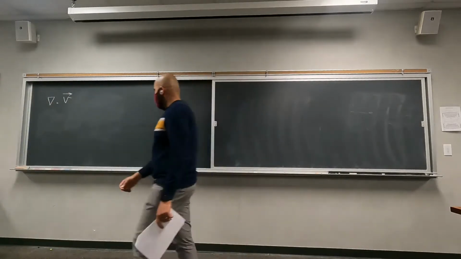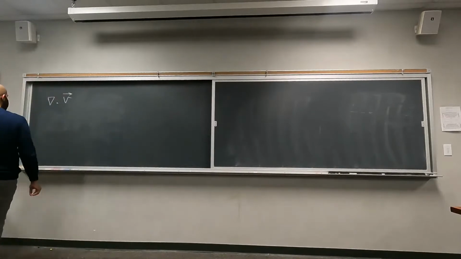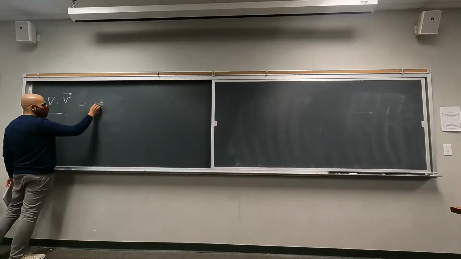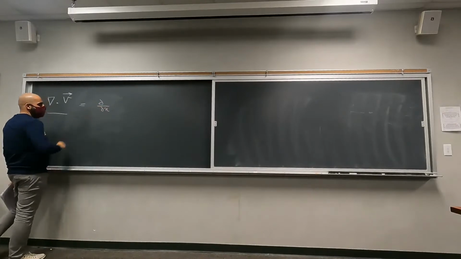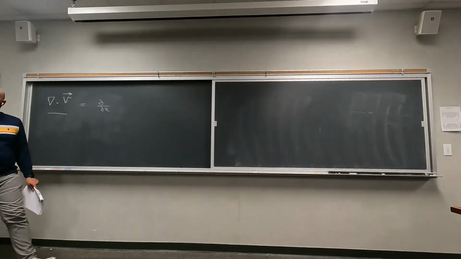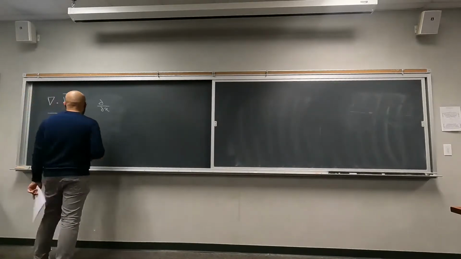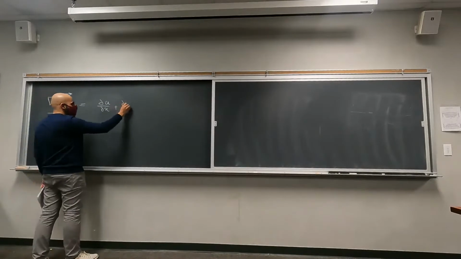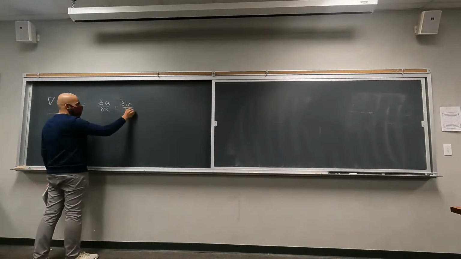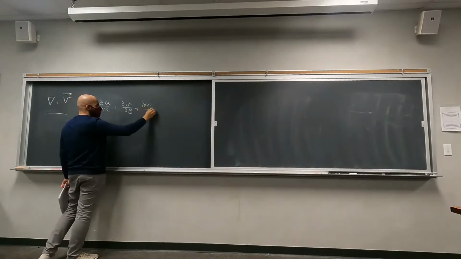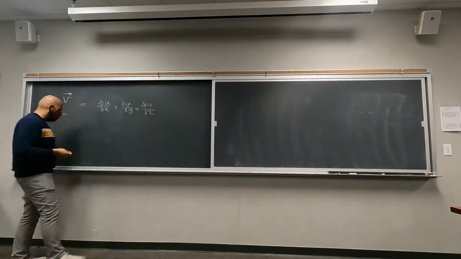If you recall the divergence of velocity, if you want to take this divergence, it would have been partial x, which is the x component of the del operator, of u, plus partial v partial y, plus partial w partial z.